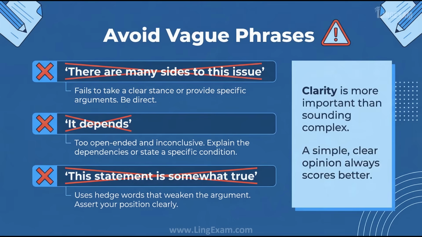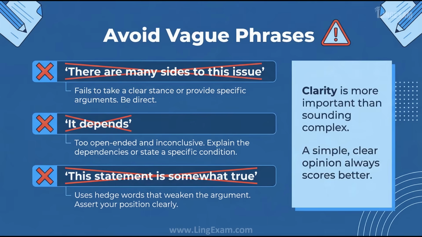Don't write things like, "there are many sides to this issue," without then clearly stating which side you support. Avoid phrases like, "it depends," unless you immediately explain what it depends on and then give your clear opinion. Don't say, "this statement is somewhat true," because somewhat is too vague.